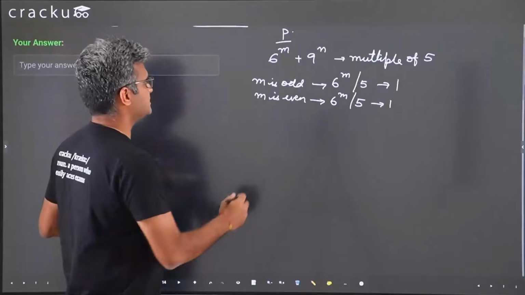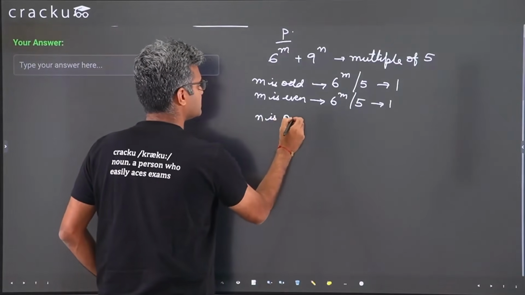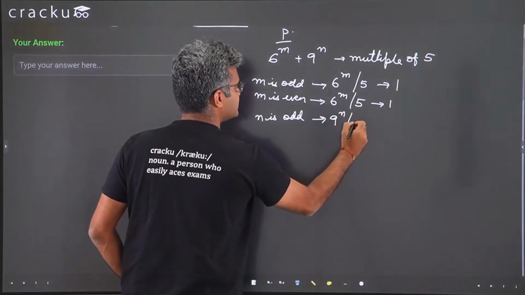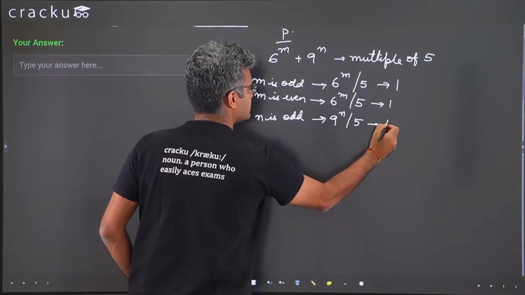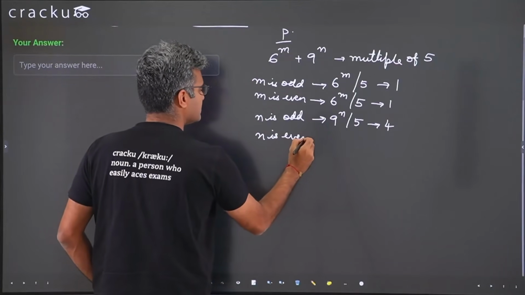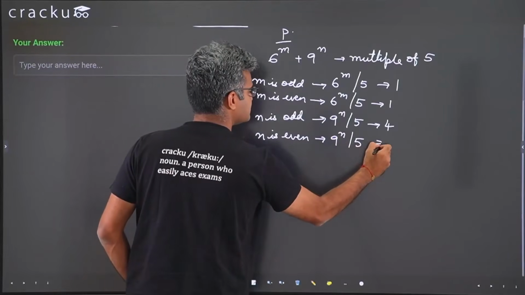9 to the power n, on the other hand, when n is odd, the remainder when 9 to the power n is divided by 5 is 4. When n is even, the remainder when 9 to the power n is divided by 5 is 1.